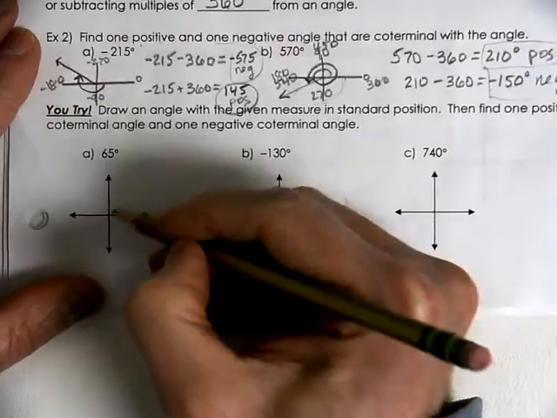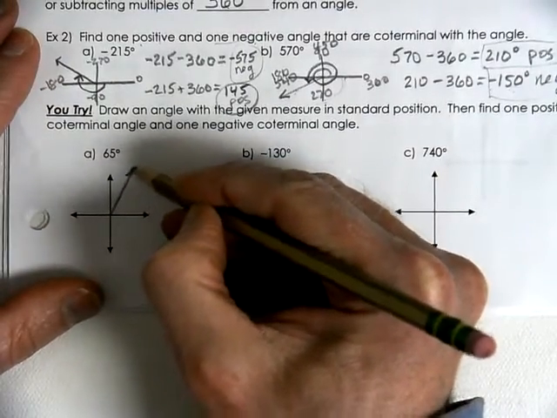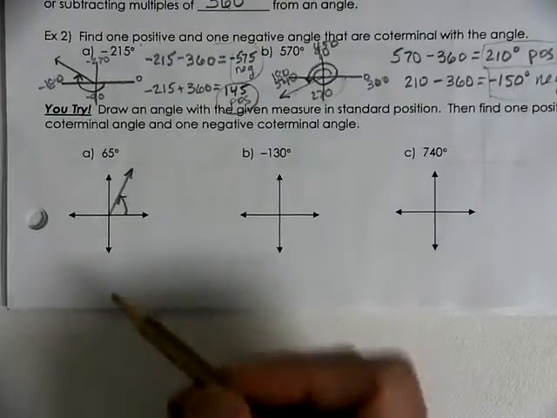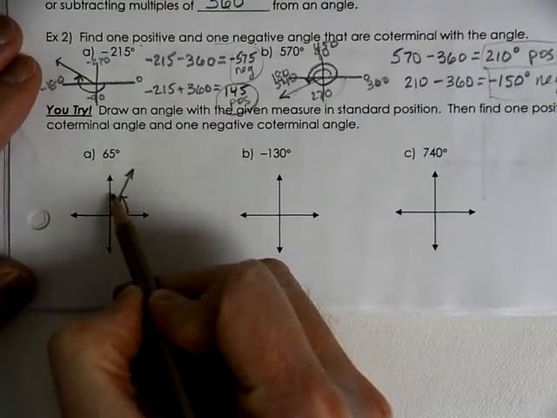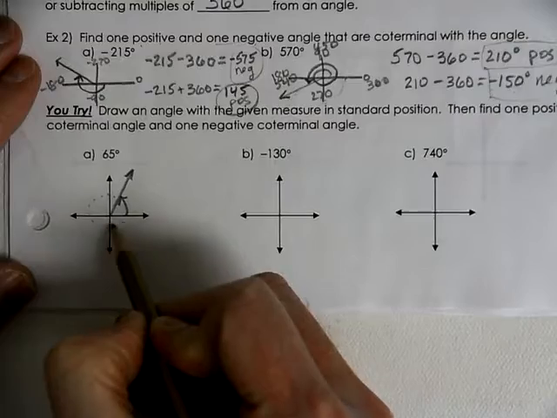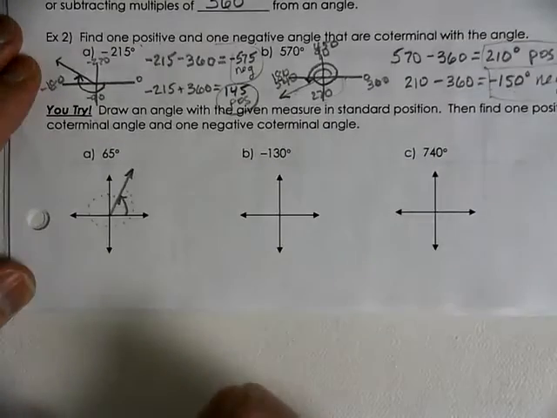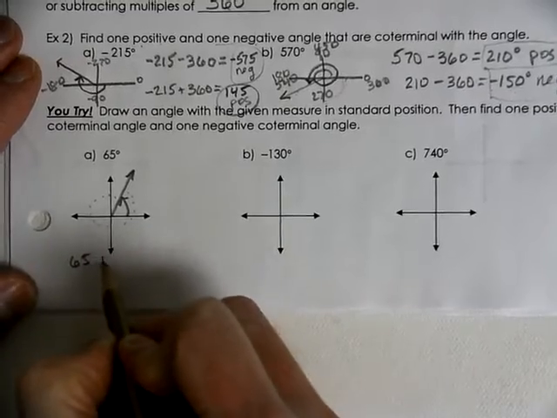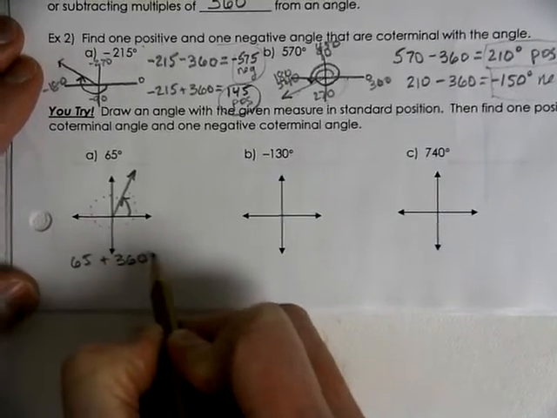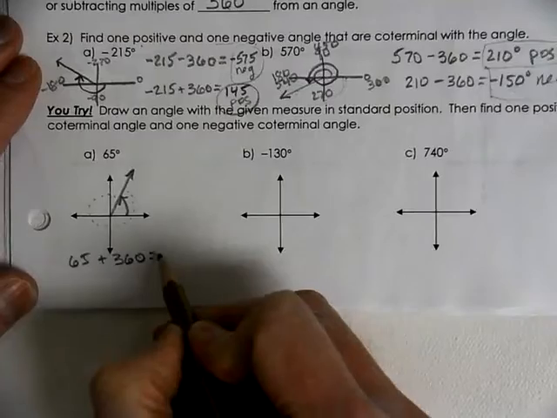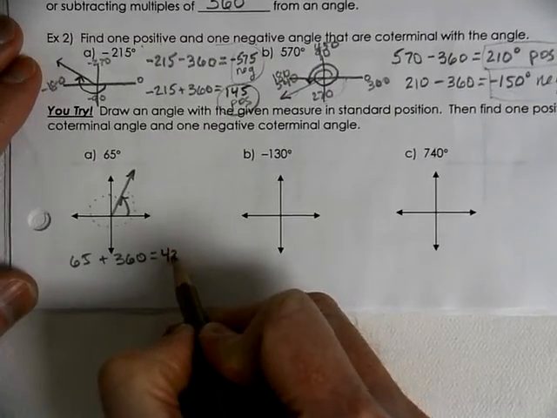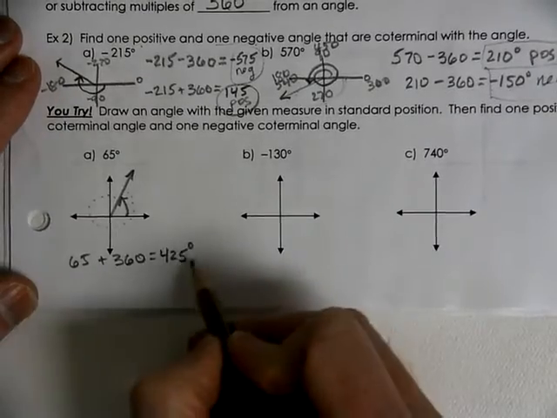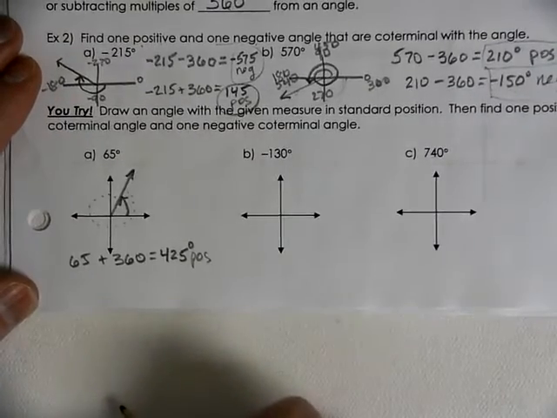So if we're pointing in the 65, which would be approximately this direction, we want to continue in that positive direction. So that's going to be 65 plus 360, which is 425 degrees. That would give us a positive answer.